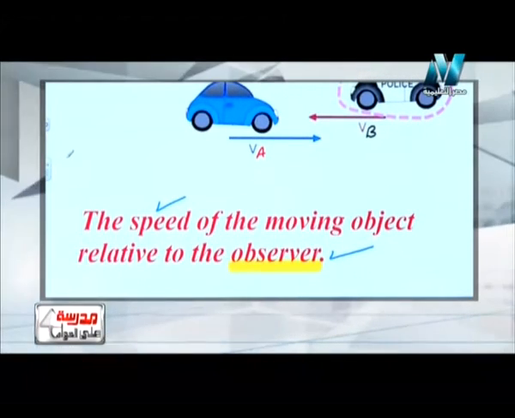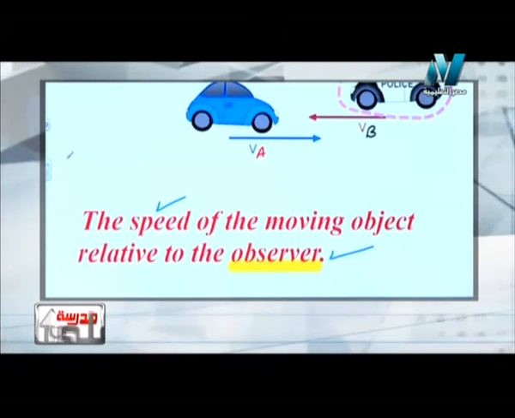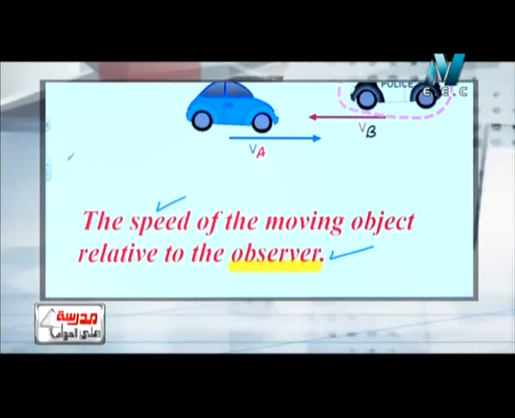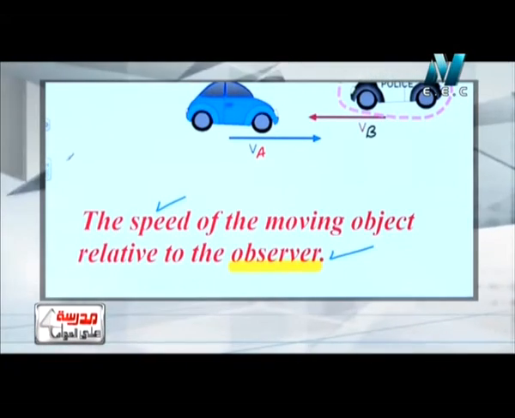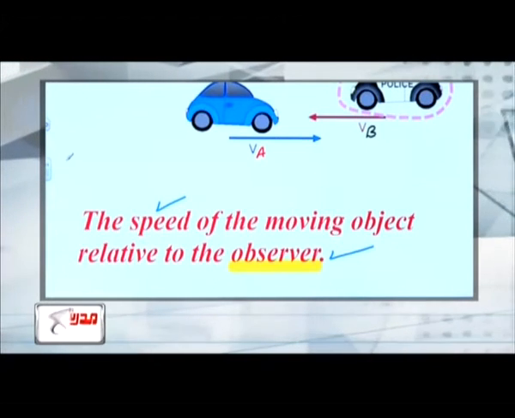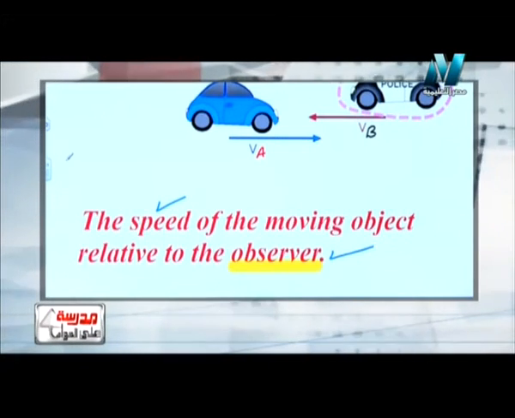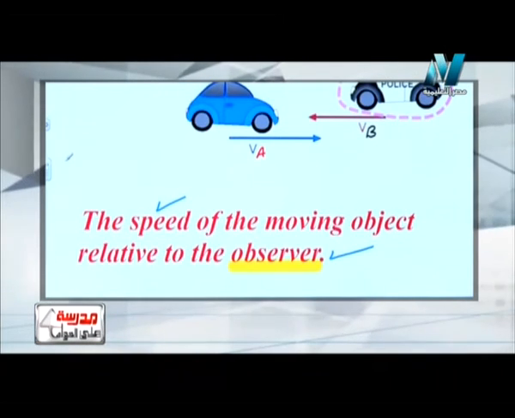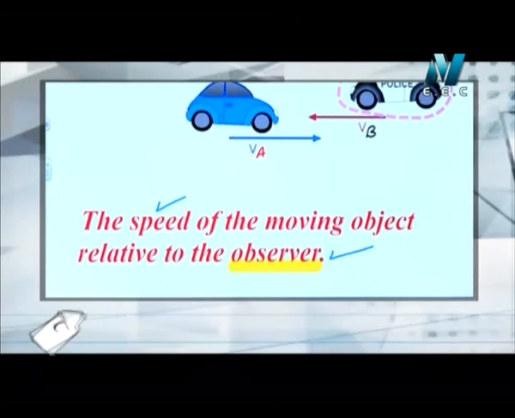We have two cases as we talk about here. Maybe the two objects move in the same direction. Maybe these objects move in the opposite direction. بيتحركوا في اتجاهين متضادين.